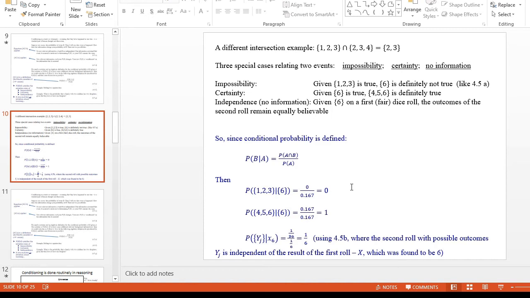Plugging its values into the equation for conditional probability, well, they are independent, so you've got 1/36 for the probability of the intersection, and of course 1/6 for the probability of rolling a 6 on the first die.